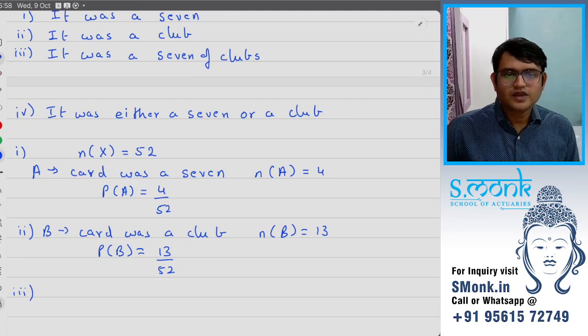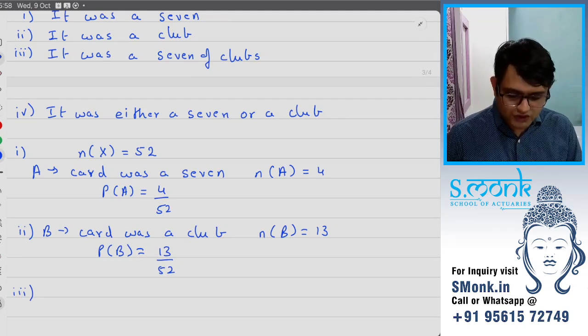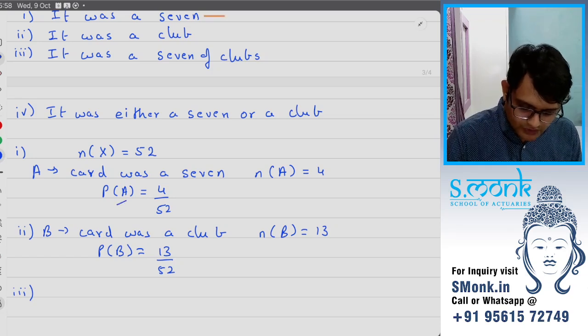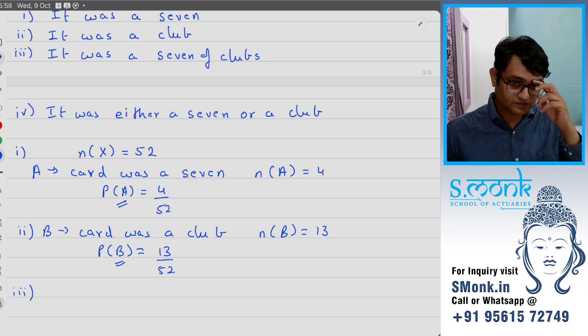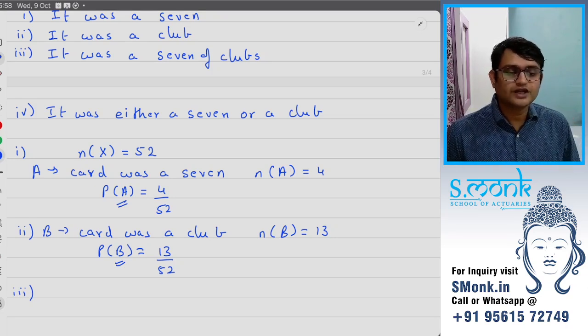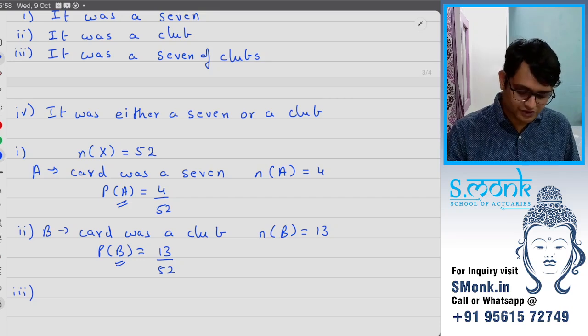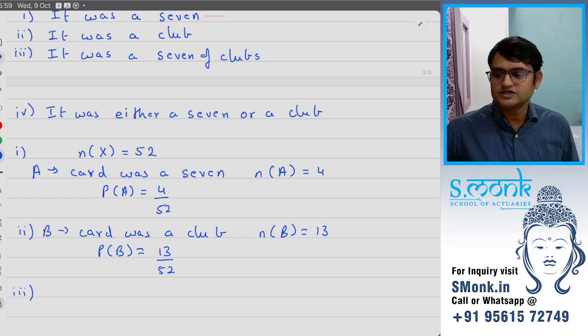And third, it was a 7 of clubs. Now can you tell me how should I represent 7 of clubs using this A and B, using the sets that we have just learned? Anyone?